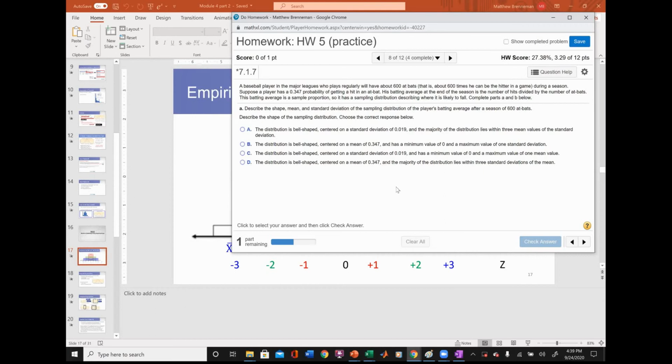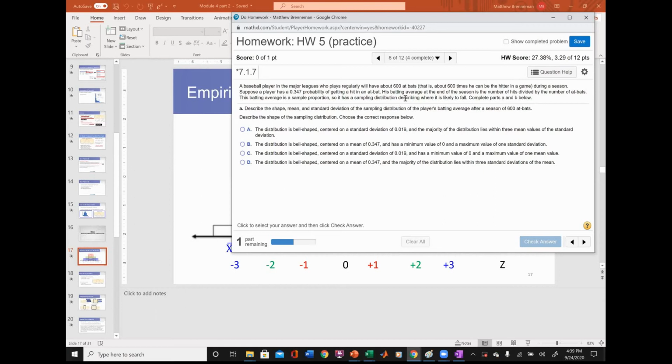That's what the true percentage is, pi. His batting average at the end of the season is the number of hits divided by the number of at bats, and it's a sample proportion. It's a sample of all the possible at bats he could have had, so what he actually gets is a sample percentage.